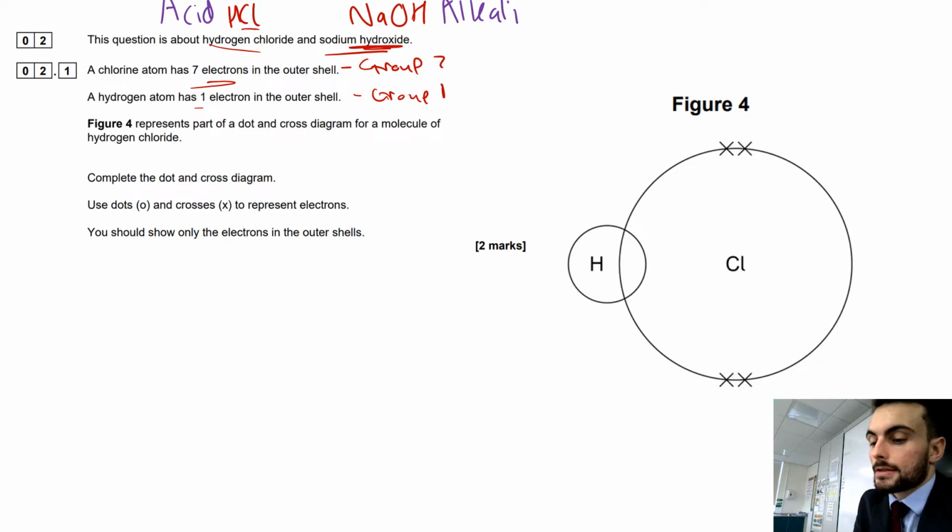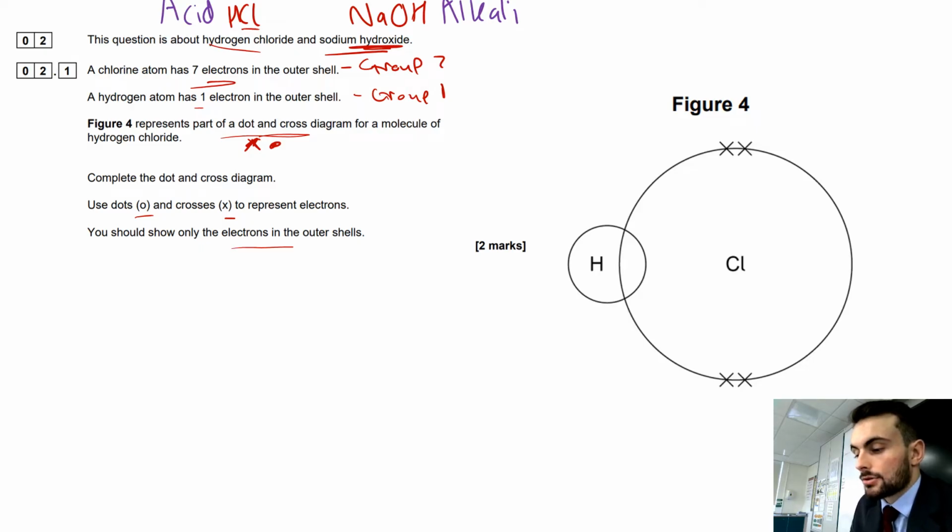Figure 4 represents part of a dot and cross diagram for a molecule of hydrogen chloride. So dots, crosses and dots. Complete the dot and cross diagram. And we're using those symbols to represent the electrons. You should only show the electrons in the outer shell. So if you struggle with this, what I would do first is I would just draw the initial electron structure for the outer shell for both of them.